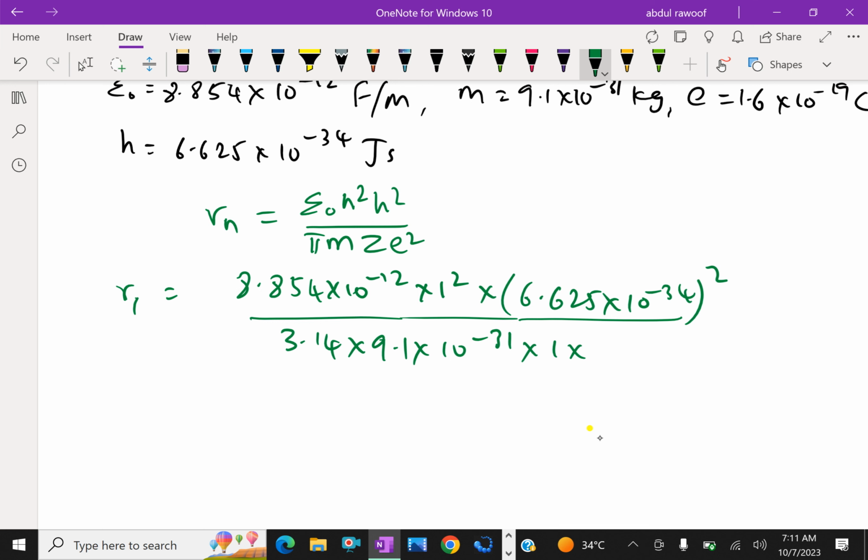And e square, charge of an electron is 1.6 into 10 power minus 19 the square.